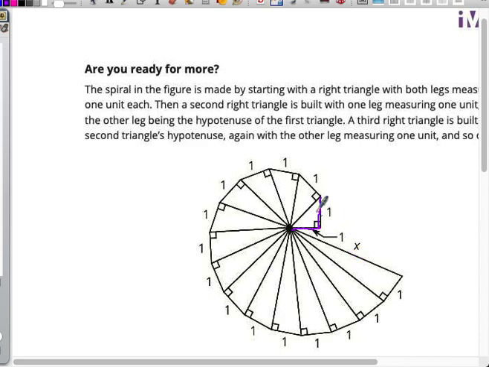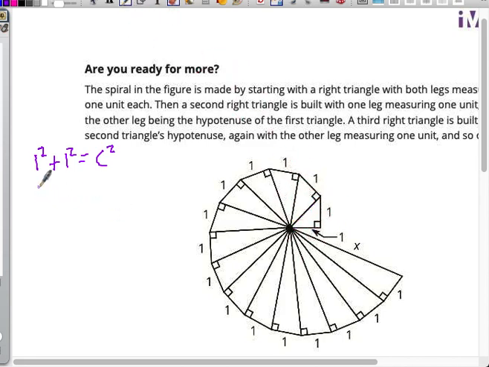All right, hold on. You're on the right track, but don't get too far ahead. So 1 squared, that's a squared plus b squared. 1 squared plus 1 squared equals c squared. That's going to give me this hypotenuse right here. Okay, I need to erase that because I'm going to need that room in a second.